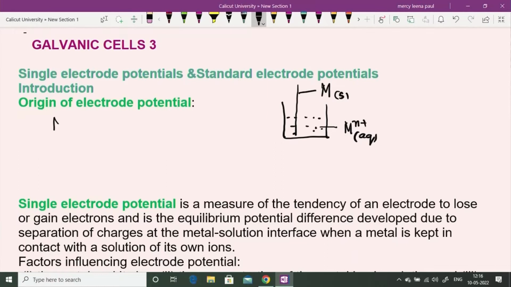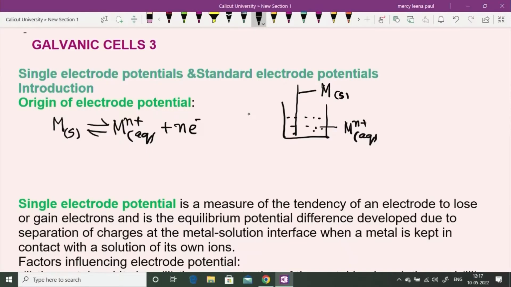First tendency: the metal, which is in the solid form in the metal rod, goes into solution as metal ions, keeping its electrons on the metal rod. Here the metal loses its electrons, they remain on the metallic part, and it goes into solution as Mn+, where n is the valency of the metal ion.